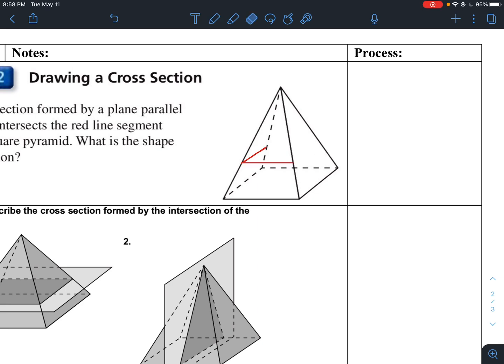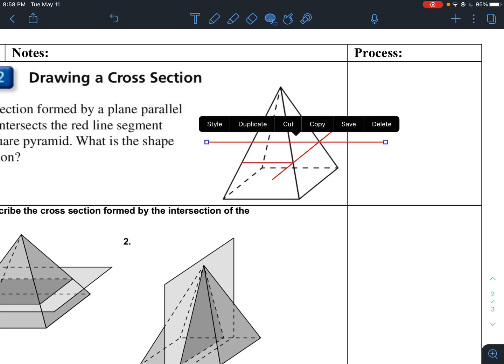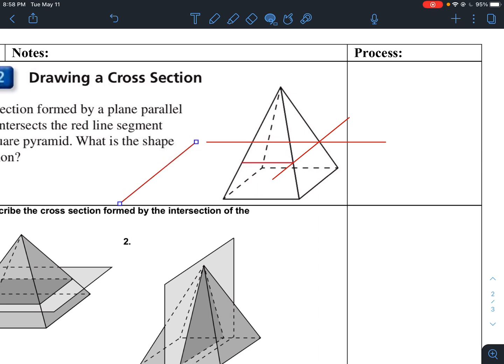So just explaining my thinking. The plane has to be parallel with the base. So that means at this intersection right here, if we have a line right here, the plane has to be parallel. So it has to cut through right there, and it has to cut through right there, and right here.